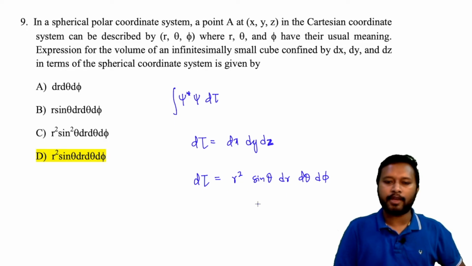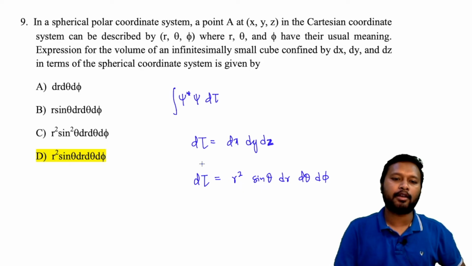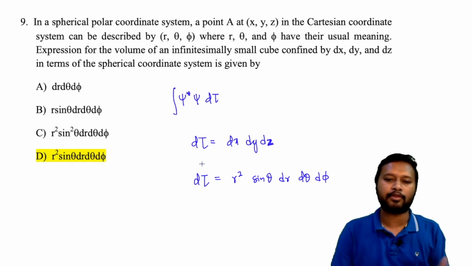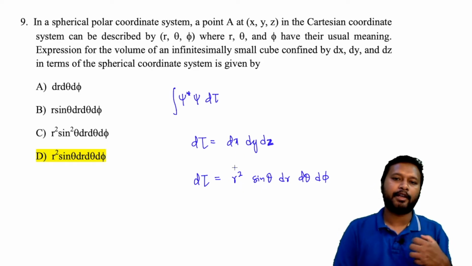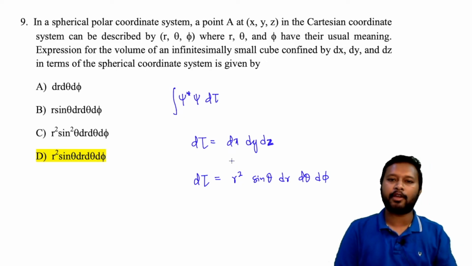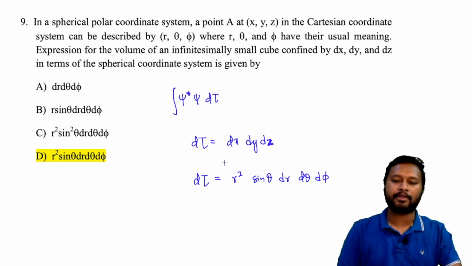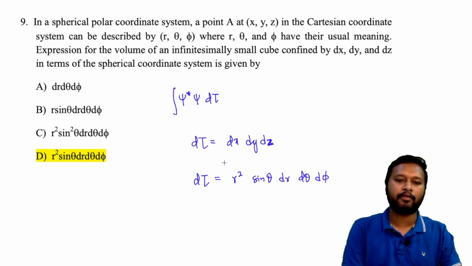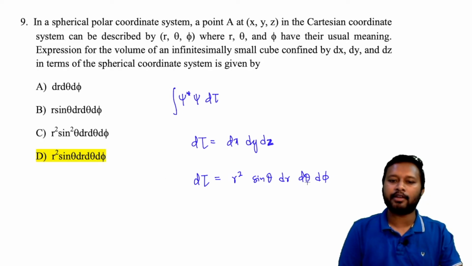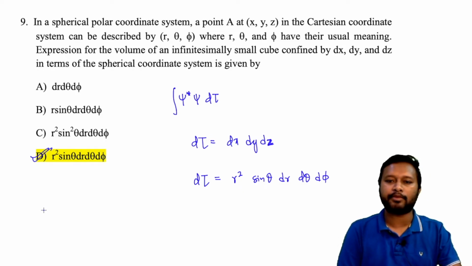I'm not going to do that, but I'm just telling you from where you can do these types of questions. Unless and until you know the derivation of your hydrogen atom problem, or have studied it mathematically somewhere, it will not strike you that this is the answer. So r square sine theta dr, d theta, d phi is going to be the value of it, and that's where your option D comes from.